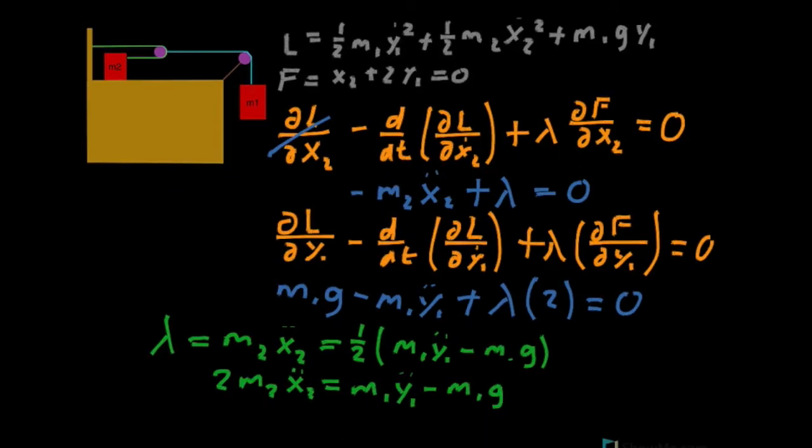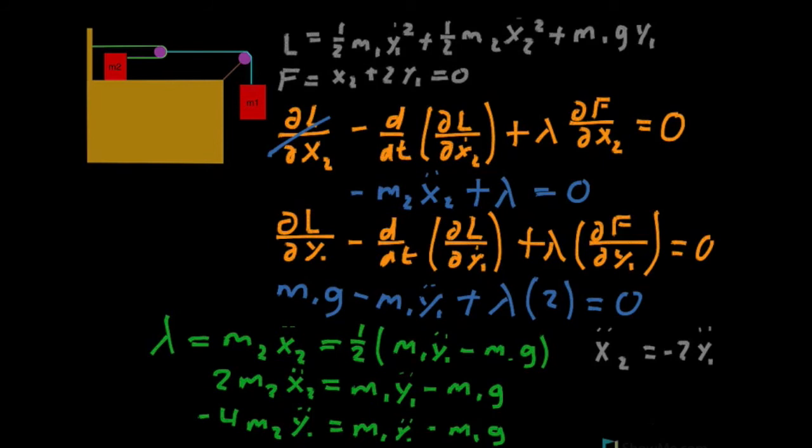And recall that because x2 equals minus 2y1, x2 double dot equals minus 2y1 double dot, so we can plug that in, and we get minus 4 m2 y1 double dot equals m1 y1 double dot minus m1g.